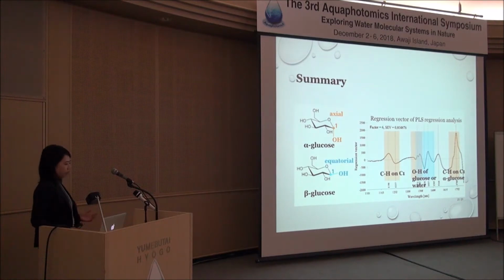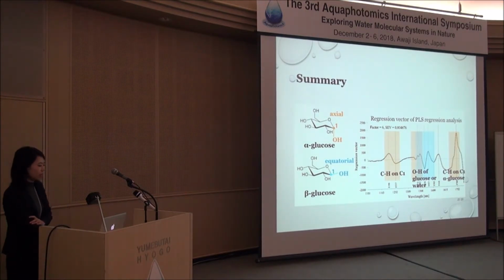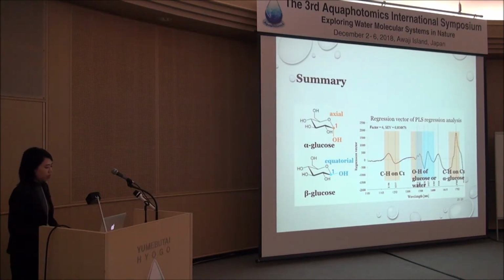As a summary, we analyzed glucose anomer solution using near-infrared spectroscopy combined with polarimeter measurement. To assign the origin of band peaks, we used two types of deuterated glucose solution.